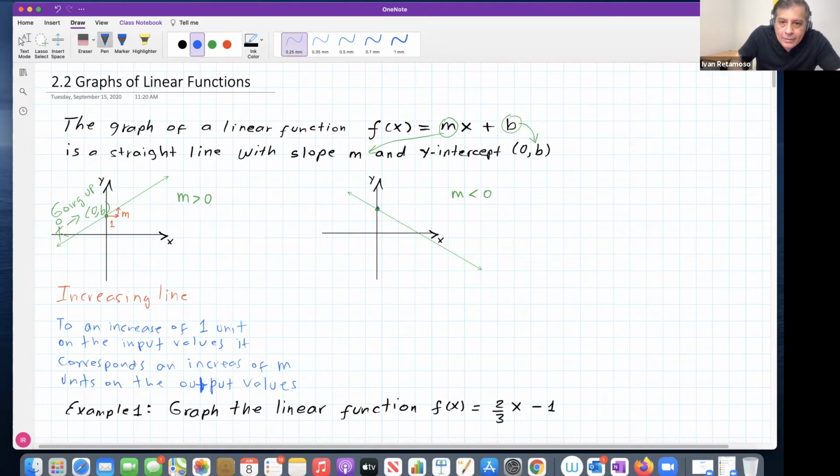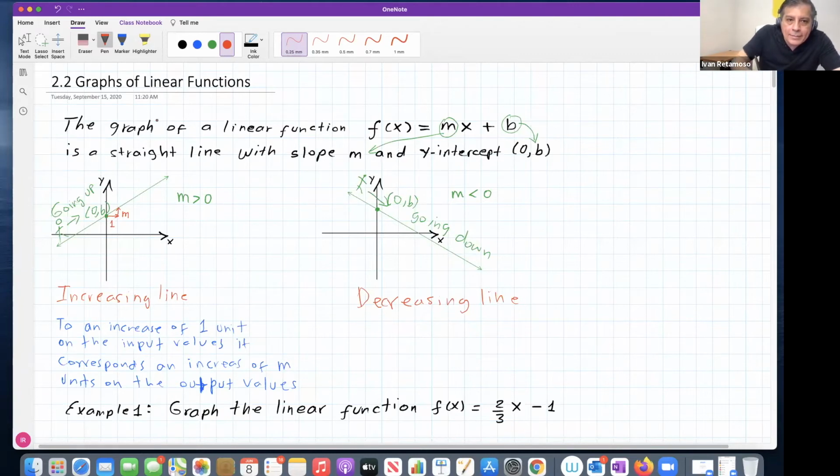again, here you will have your y-intercept as 0, b. But now, if you walk along the line from left to right, that's always the agreement, you are going down, right? Going down. Because of that, this line is called a decreasing line. It's a decreasing line.